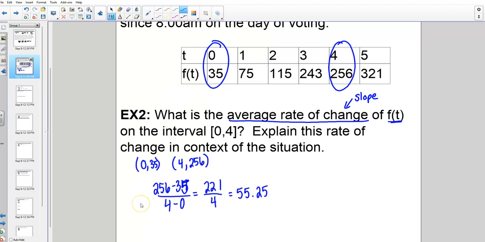So I've got a number, 55.25. What does it mean? It is votes per hour in this case. Because t is in hours, sometimes it's helpful to label that table right there, and f of t is votes.